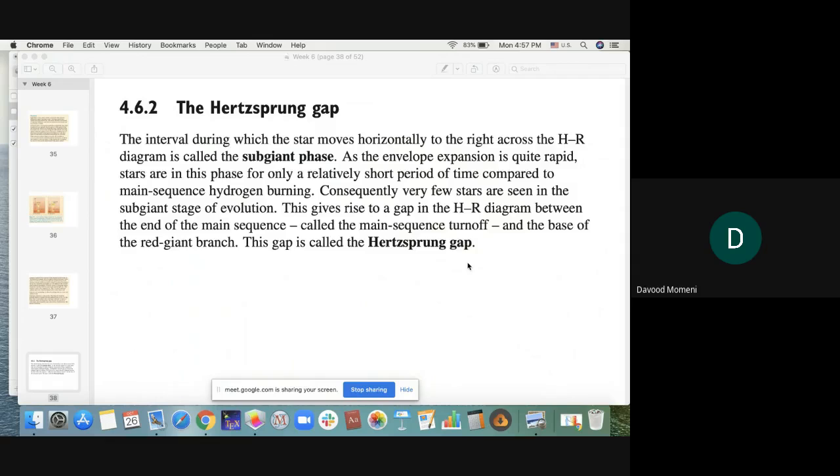It makes a gap in the Hertzsprung-Russell diagram between the end of the main sequence, I mean, where the main sequence turns off, and then the star turns to the red giant branch.